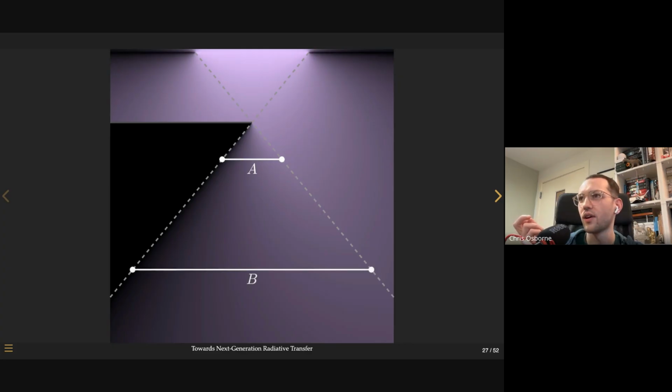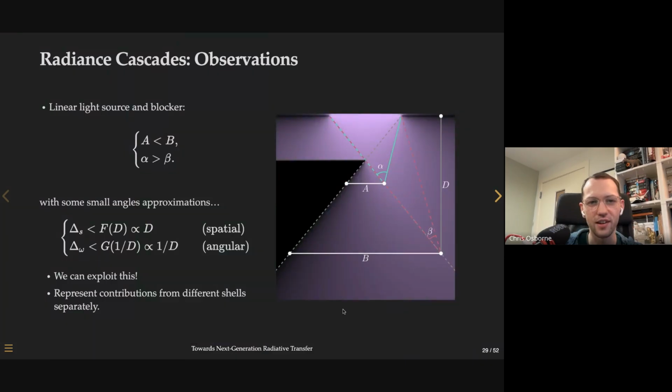That follows from the fact that if the light at a point is proportional to the solid angle of the light source, then we need to be able to resolve the size of the light source. And so at distance A, the light source subtends an angle alpha, and at distance B, it subtends an angle beta, and beta is smaller than alpha. There we go. Those are the observations that we end up needing.